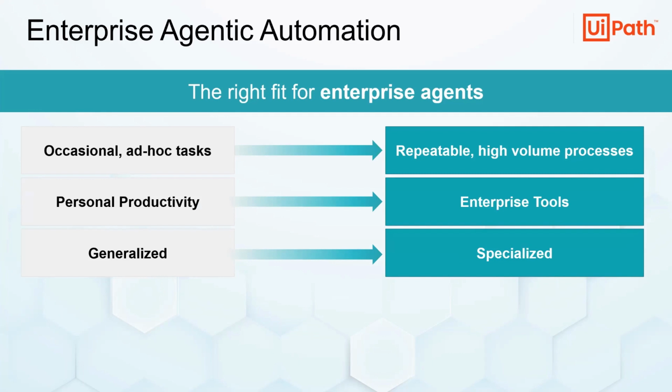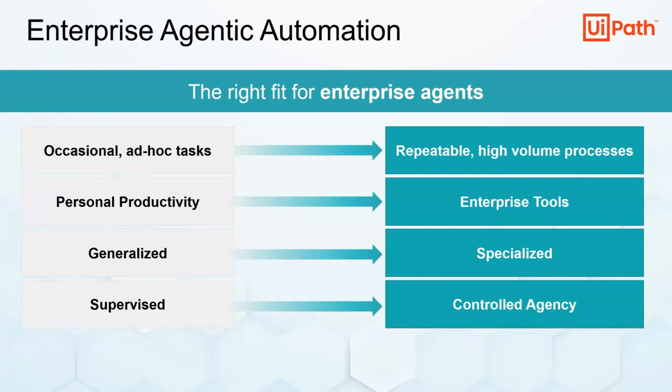And generally speaking, general agents lack accuracy. Like the more you ask an LLM to do in a prompt, the more confused it gets and the more diluted the answer will get. So we recommend creating multiple narrowly scoped specialized agents, and that will be the key for true, consistent and trusted agentic automation.